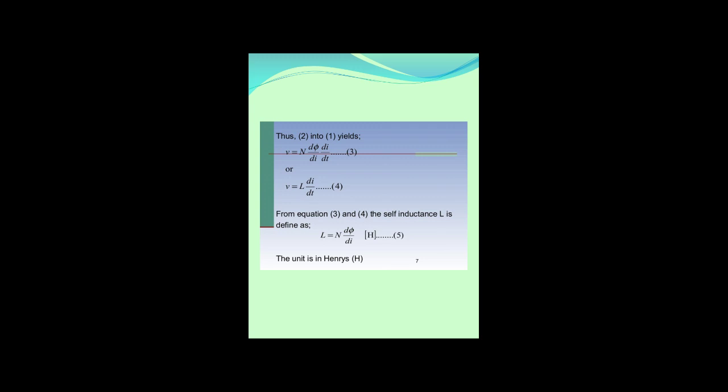We obtain L is equal to N d phi upon di, meaning the inductance of a coil depends on the number of turns and the change in flux per unit change in current. The unit of inductance is Henry.